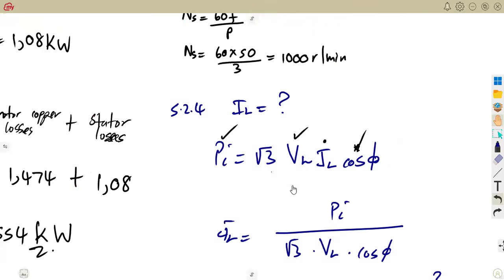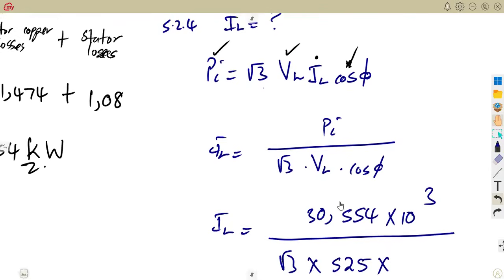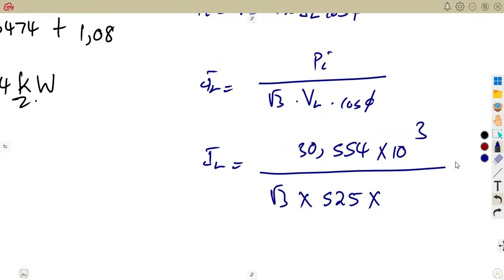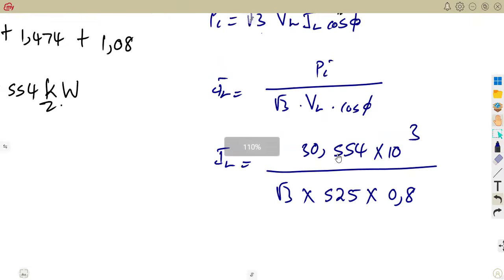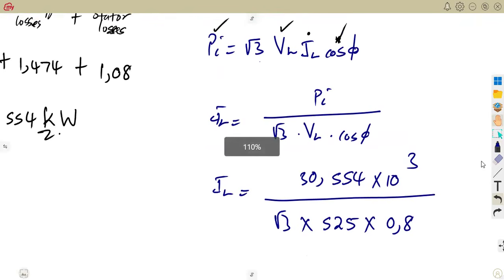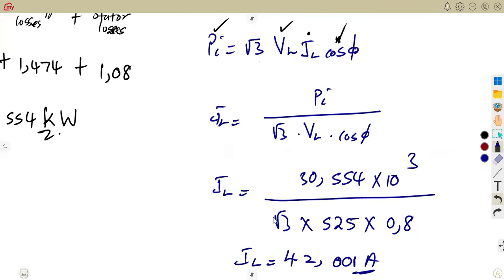Remember, cos phi, cos of the angle, is the power factor. So already they calculated the power factor for you. There is no need for you to calculate the angle and then use cos of that angle. No, already it is there, the cos of that. That's your power factor. So that was going to give us the line current of 42.001 to 3 decimal places, or just approximate this one to 42 amps.